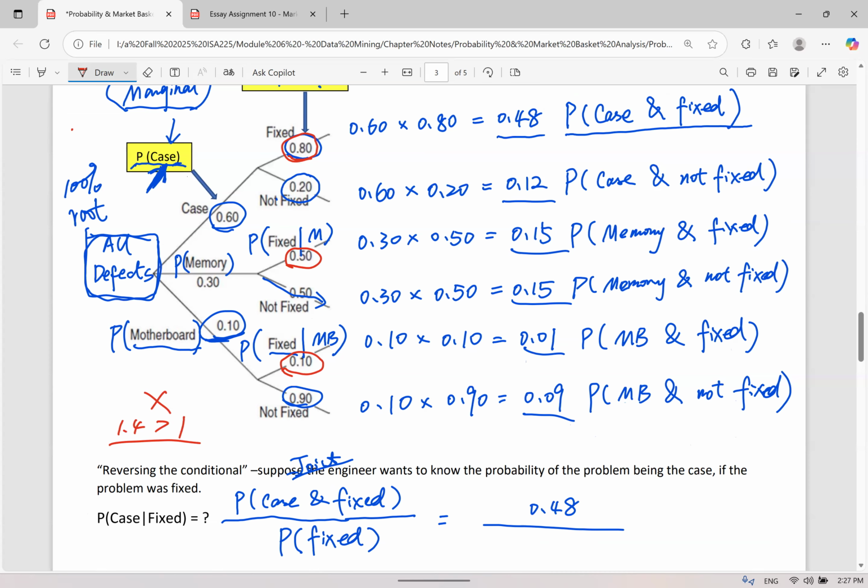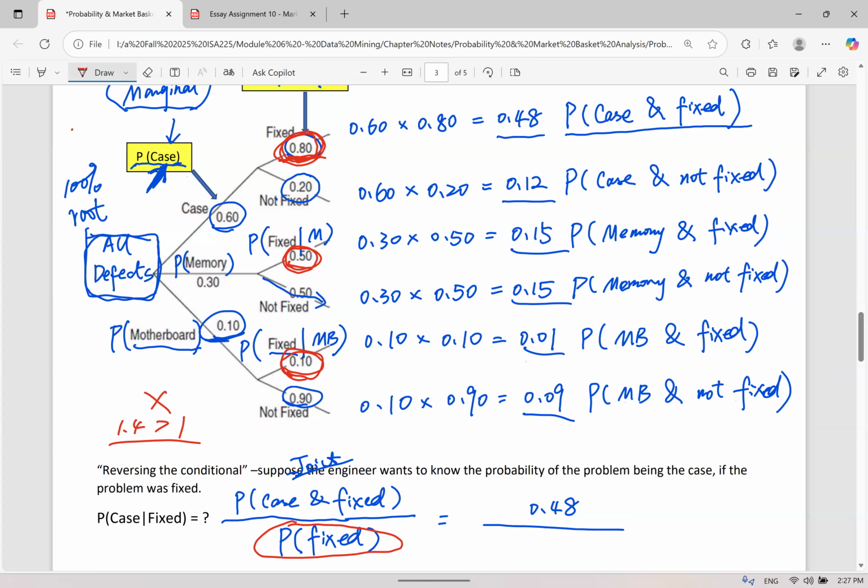Is it just the case one then? The case fixed percentage? So that would be this 0.80. Yeah. Okay, so if it is this one, remember the bottom is we want to find the probability of getting fixed. This 0.80 is getting fixed, but remember this 0.50 is also a fixed probability.